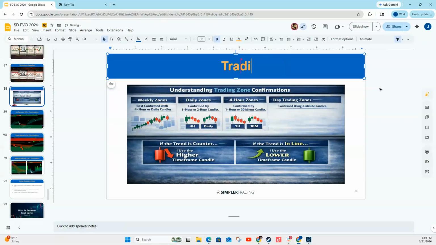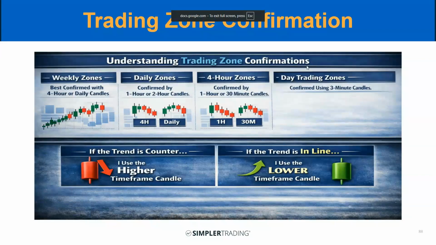This is what you guys are looking for. Trading Zone Confirmation. Let's go to slideshow. Boom. I was like, wait a minute, this is not matching up. Sorry about that, guys. The title is Trading Zone Confirmation. This will clear up some of your questions there. Awesome, thank you for finding that.